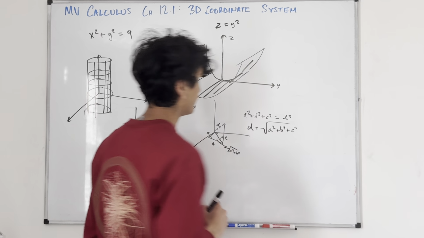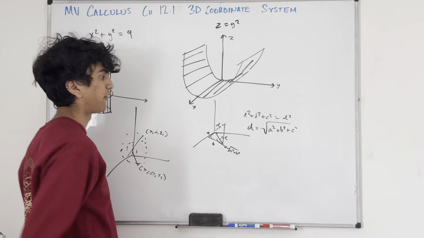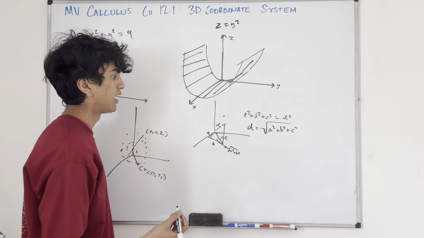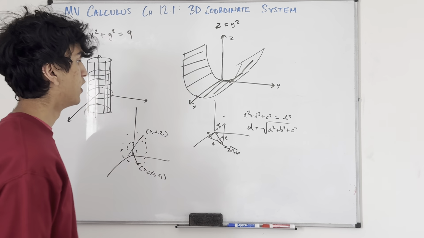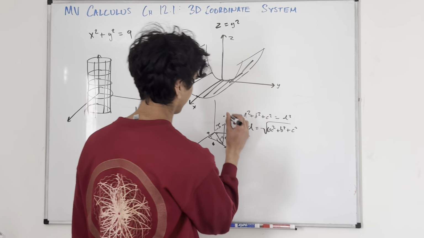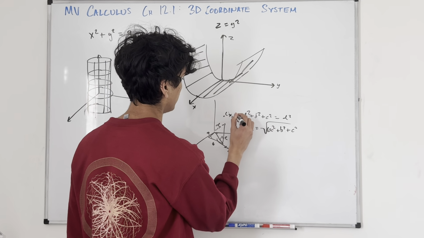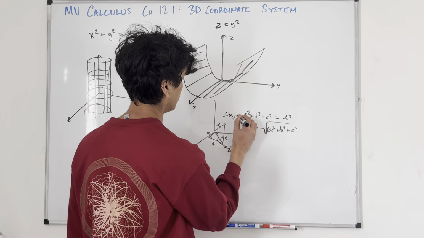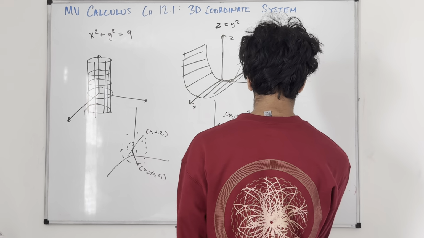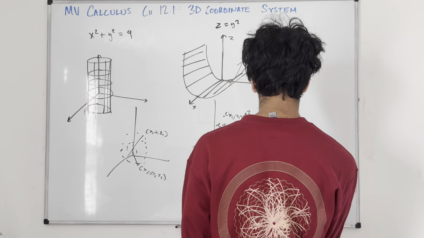Now, if I were to shift where I'm taking the distance from, if I were to take it from another point right here, let's say this is x1, y1, z1, I would really have to do the square root of x minus x1 squared, right?